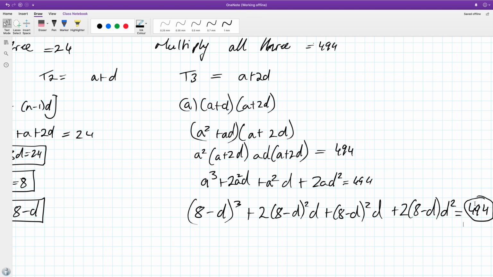And then cube it out, square it out, and work it out until you get D all on its own. Now, you can fire through that and work your way through it.